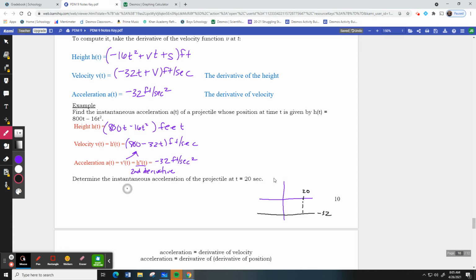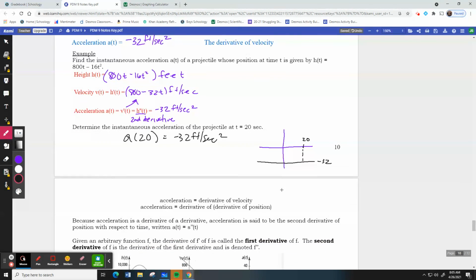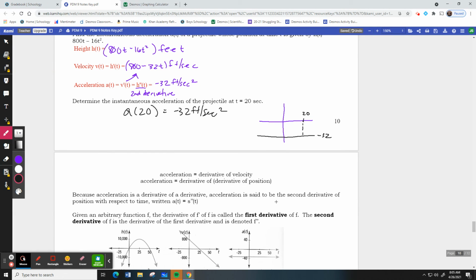So a of 20 is just negative 32 feet per second squared. So when you go to plug 20 in here, there's no variable. That means it's because it's constant. It's always negative 32.